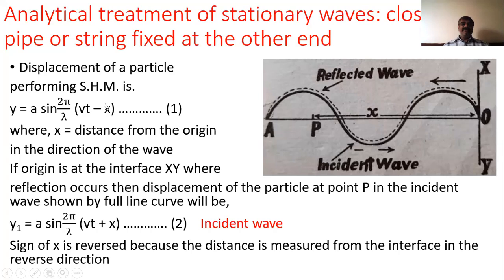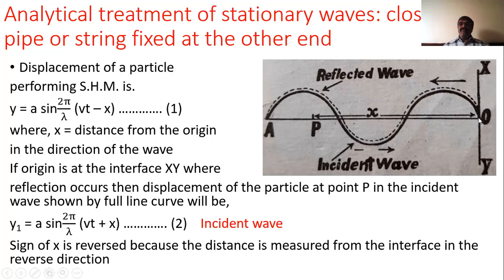The distance x of the particle in the medium is measured from the origin in the direction of propagation of the wave. Here the wave is supposed to originate from point A, as shown by the solid curve indicated as the incident wave, and it moves to the interface, the closed end of the organ pipe or the fixed end of the vibrating string.